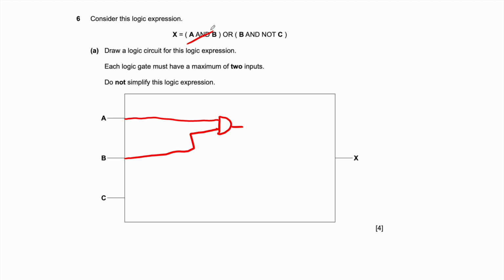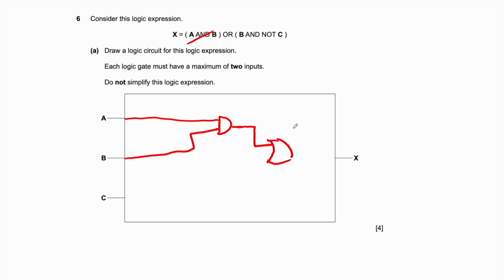So we've got A and B, or is the next one. Or is slightly difficult to draw with this tablet thing, but a bit wonky. The thing about or is you want it to have a curved back and a pointy-ish nose, okay? They will allow you to have a dodgy drawing, you just need to make sure that the back is curved, okay? So there's my or.